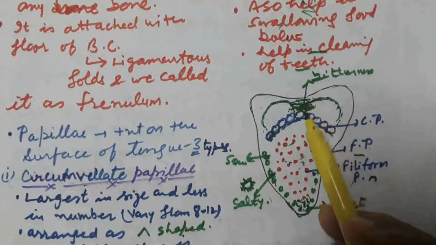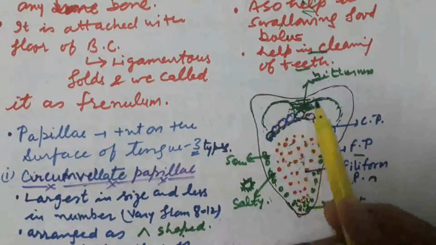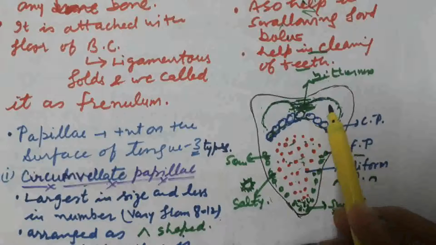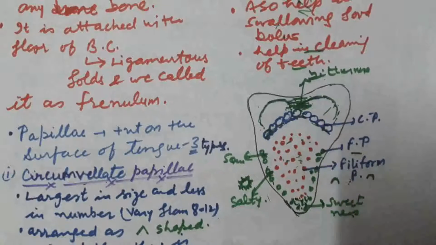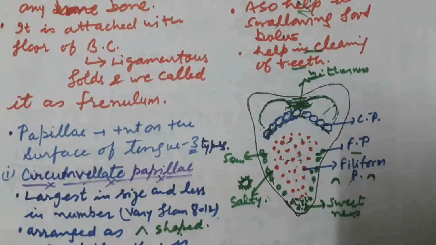Lingual tonsils की क्या position है? They are located on the posterior surface of the tongue, and this is the area near the opening of the oral cavity into the pharynx. So lingual tonsils are present at the posterior end of the tongue. What is their function? They are the lymphoid organs of our body. They help to prevent us from infection.